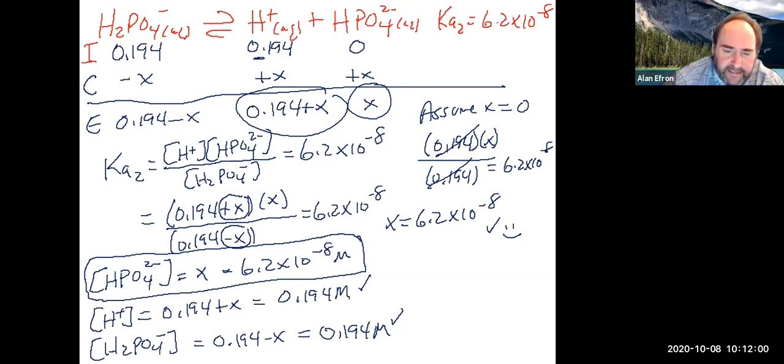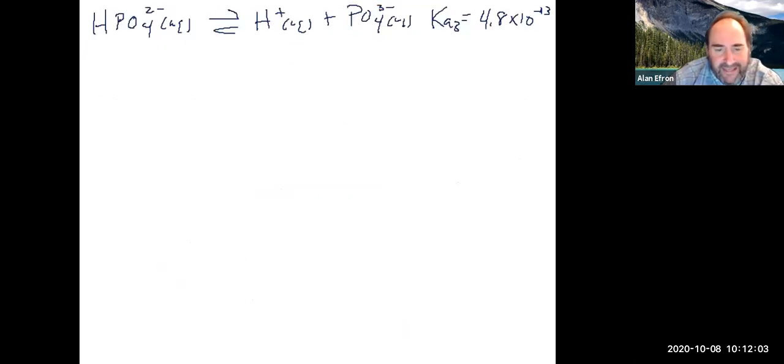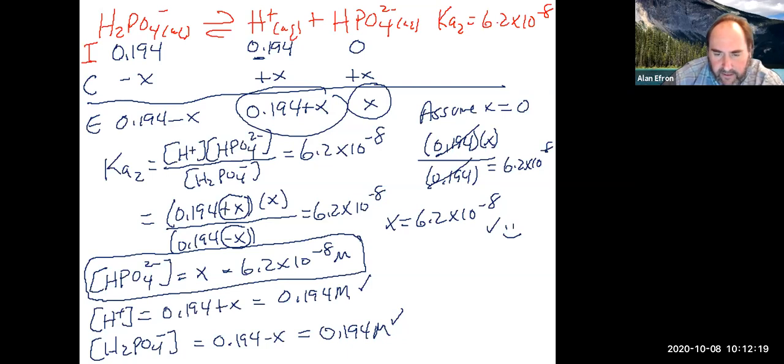So in this case, we have 6.2 times 10 to the minus 8. Again, we still have H plus hanging around, and that is still 0.194, and this is 0. So again, we carried over our numbers from the previous step to our new ICE table to start as our initial.